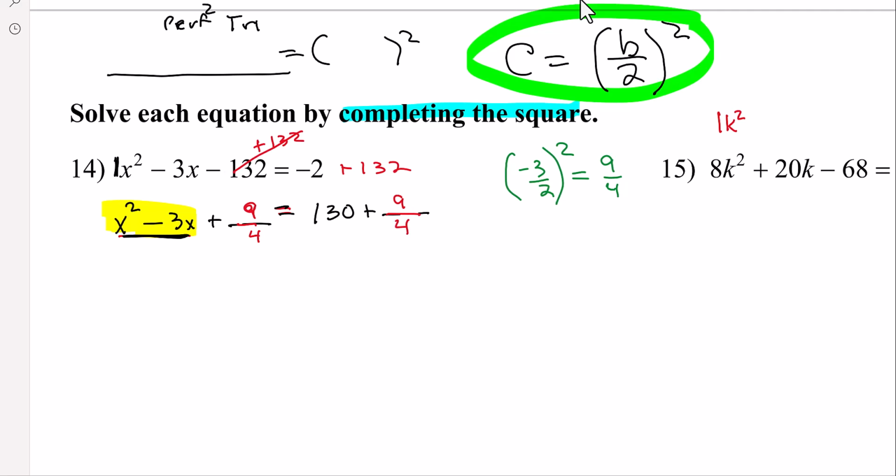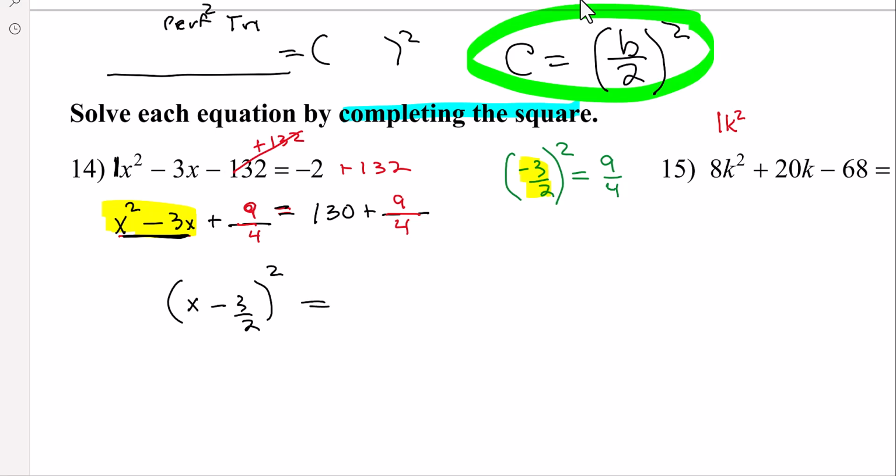Oh, this one's really ugly. All right, so remember what I said. Whatever simplifies on the inside, when you do the perfect square binomial, you could say x subtract 3 halves. The other way to write that would be 2x subtract 3. But that's okay. We'll leave it just like that.